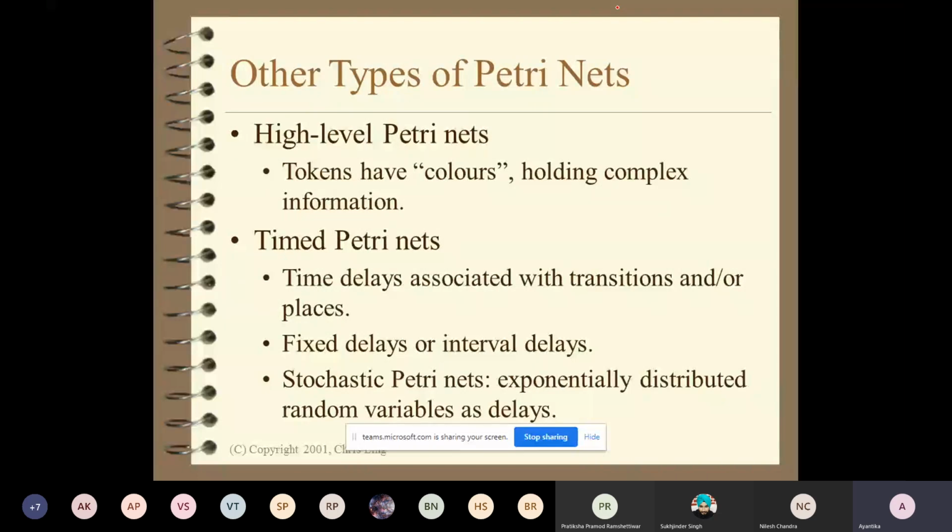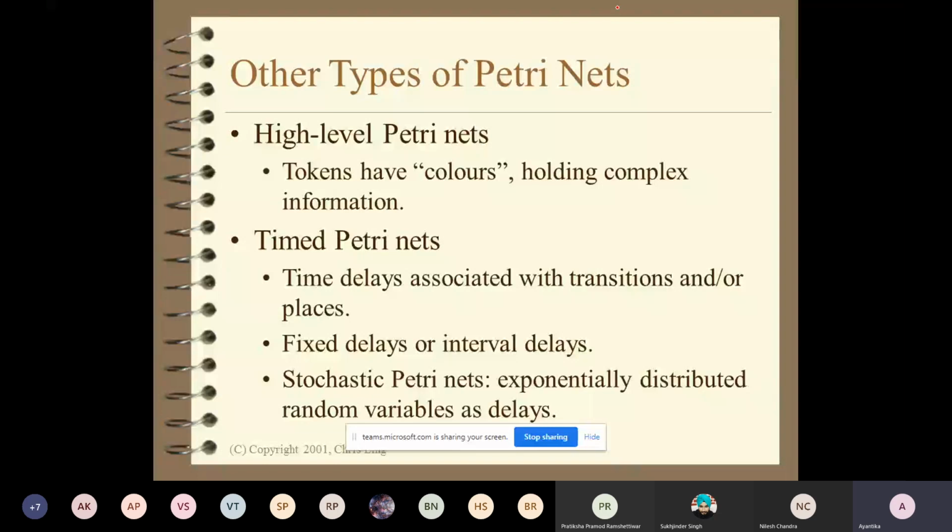There are different types of Petri-nets. You can go through them. The high-level Petri-nets, where you can have tokens of colors and different identities. This is some type of predicate Petri-net. Whatever we have just discussed, when we talk about condition nets, we are considering just one token at a place. When we move to place nets, we consider the maximum capacity of each place, so there we are actually considering boundedness.